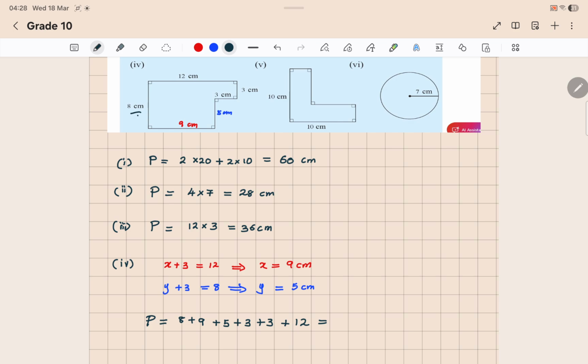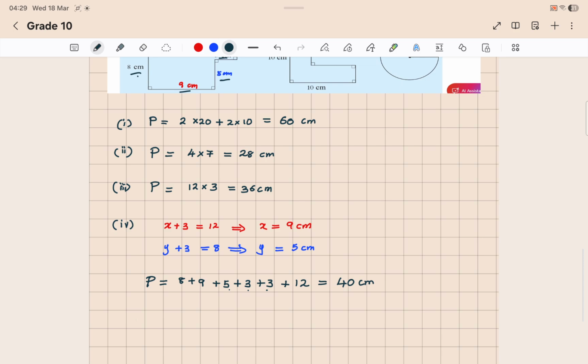So 8, 9, 5, then this 3, then this 3, then finally that 12, right? Okay, so add them all together and you get the perimeter of this shape. So 17, 22, 25, 28, 40 centimeters. This is equal to 40 centimeters, the perimeter.